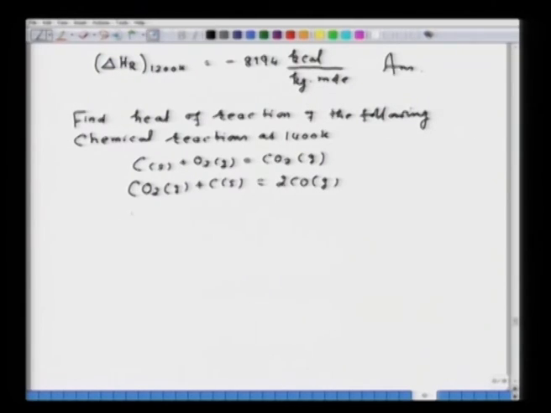Also find out ZnO solid plus CO gas, that is equal to Zn gas plus CO2 gas. Collect the values from thermodynamics and find out this thing.